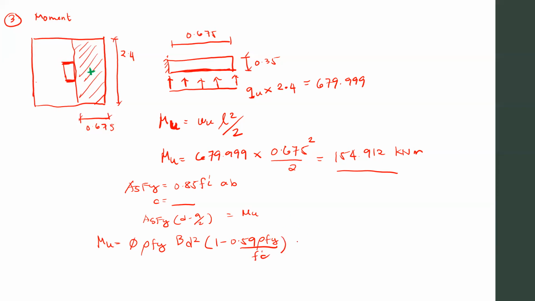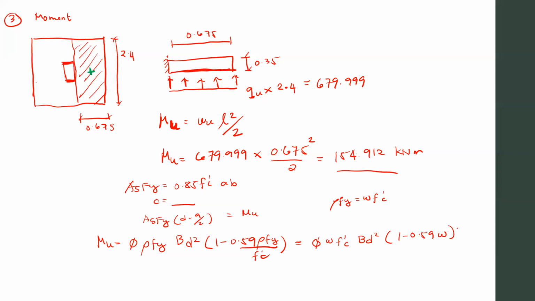So yung ibang reference that is equals to, di ba, if you recall, rho Fy is equals to omega F prime C. So minsan yung ibang reference that is phi omega F prime C BD squared (1 minus 0.59 omega).